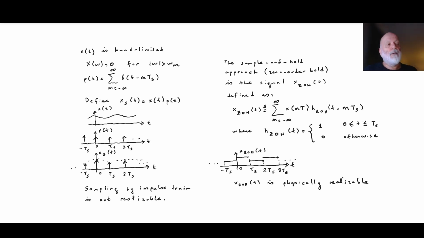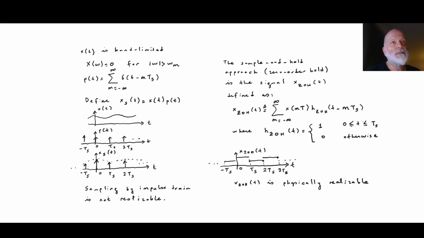Okay, but also we remember that we have developed the sampling theory in terms of sampling by the impulse train. So how can we use that information in the analysis of the signal, which is obtained by the sample and hold approach?